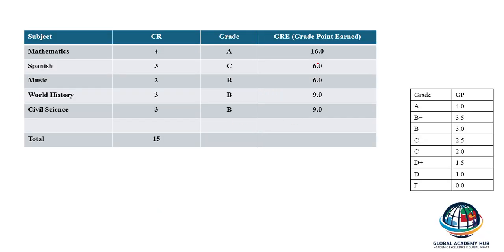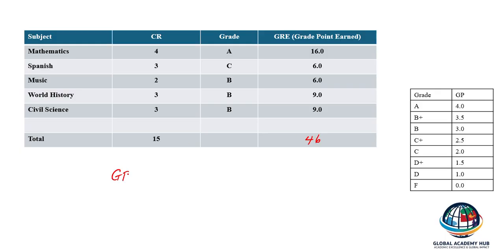So once we finish this, this is the same report card, same credit hours, 15, same grades, and I calculated them. 4 times 4.0 is 16, 3 times 2 is 6, 2 times 3 is 6, 3 times 3 is 9, and so forth. 16 and 6 is 22, 28, 37, 46.